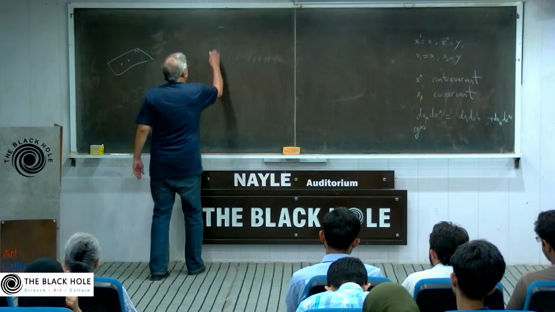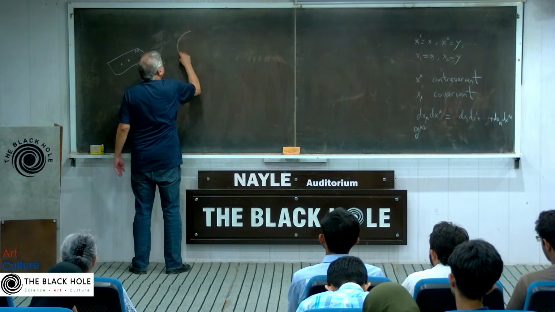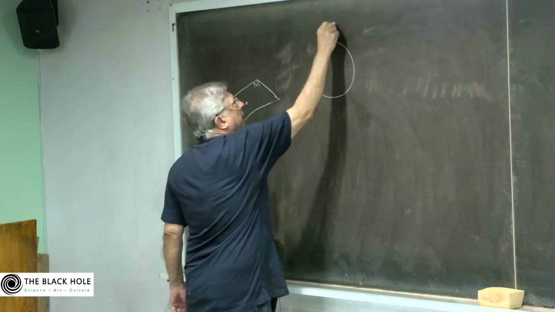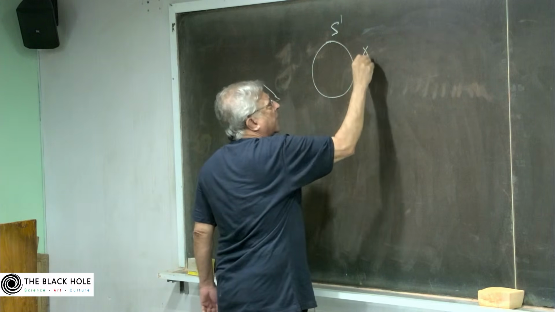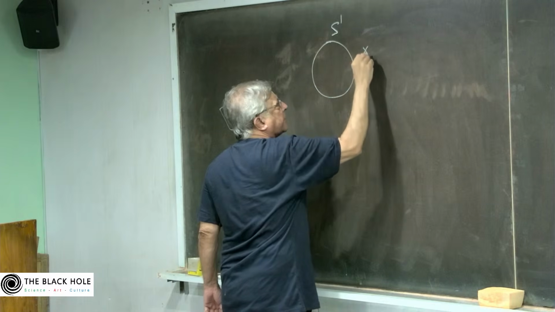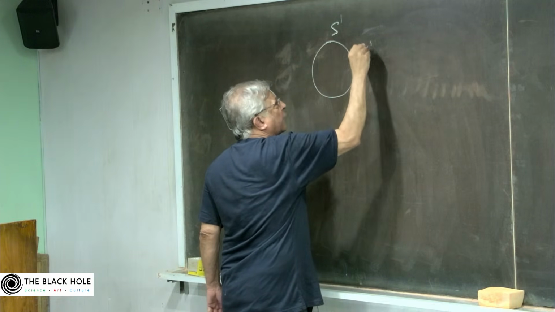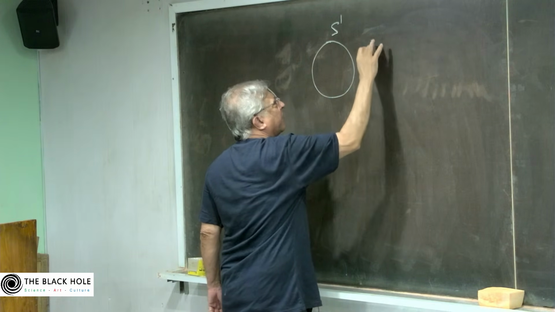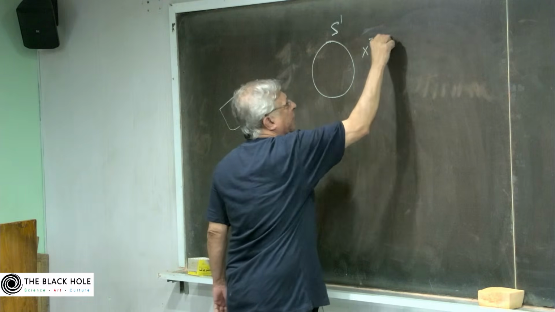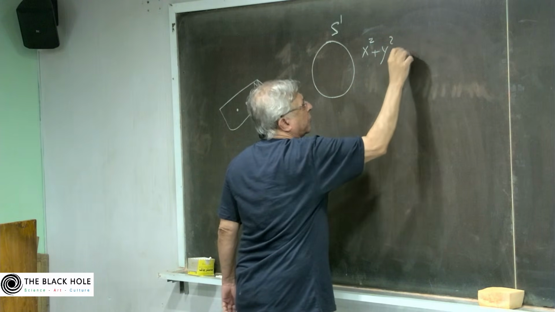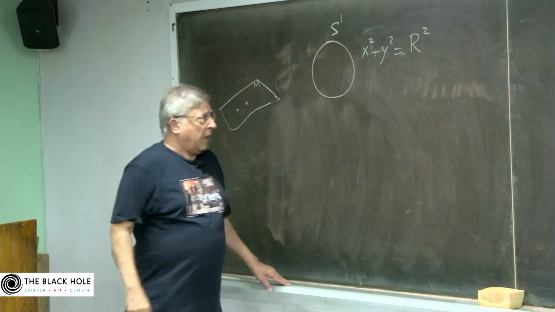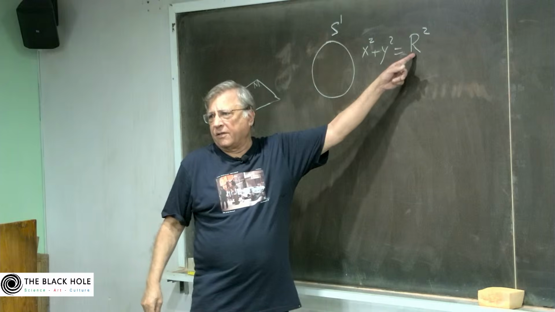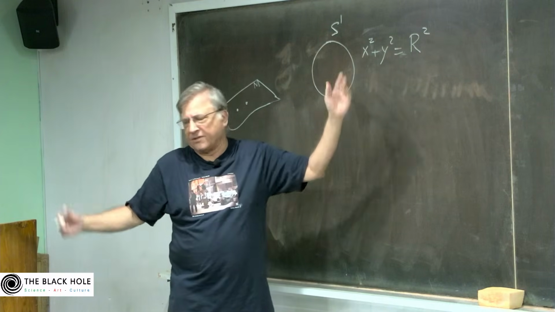So we will use what is called S1, where we have x squared plus y squared is equal to r squared. And this over here is the radius of the circle, fixed.